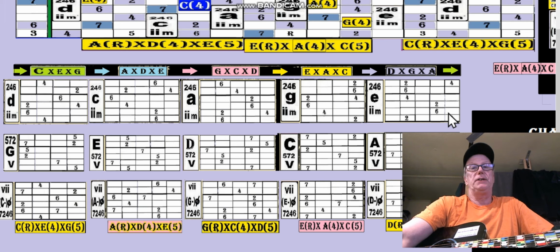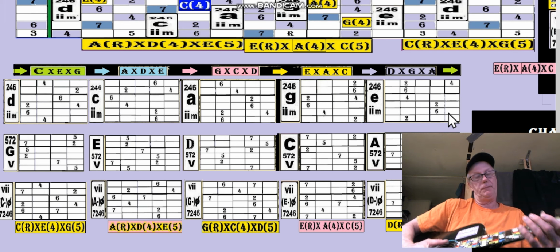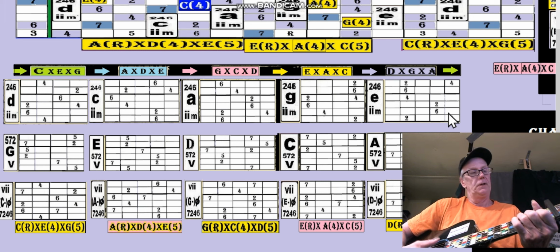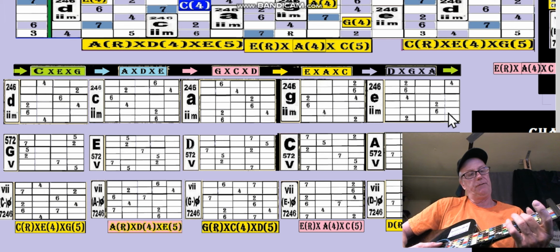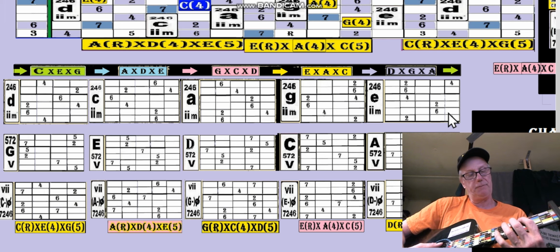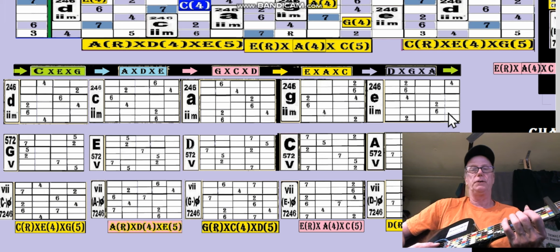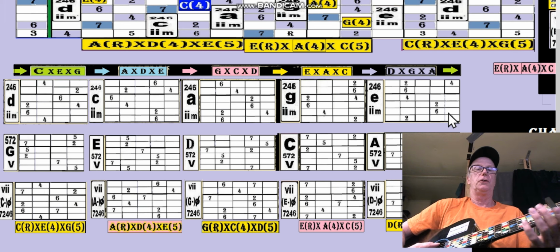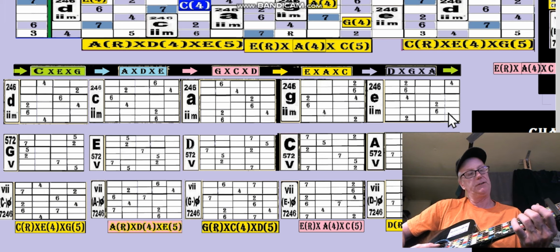Now with cage, it's really obvious. When you play a C, the bottom string is a 3 and a 5. When you play an A-shaped C, the bottom string is a 5, and when you're doing the pentatonic, it would become a 5 and a 6. The pentatonic scale for the C is a 3 and a 5.